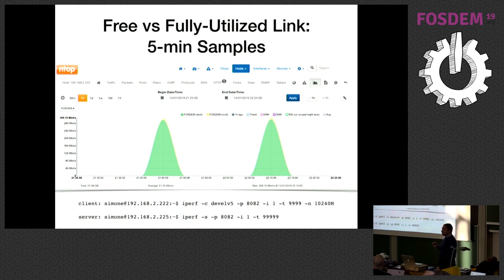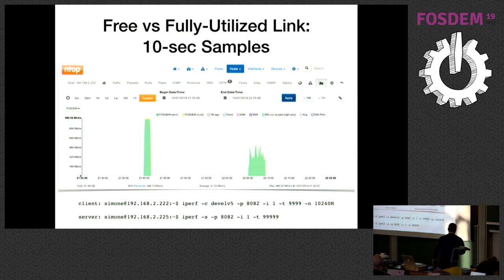Let's see now what happens if we go from 5 minutes to 10-second samples. Well, as we can see from this chart, this is a different story. The first file transfer is a beautiful, straight transfer. As we see, the metric almost immediately reaches the line rate of 1 gigabit per second, and it does a steady transfer and completes in a very short interval of time.